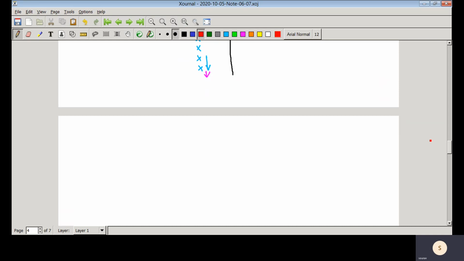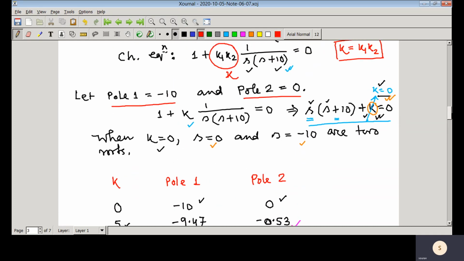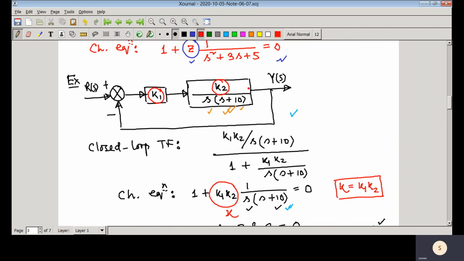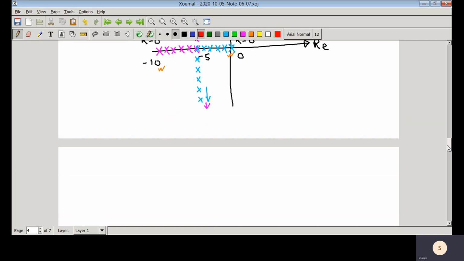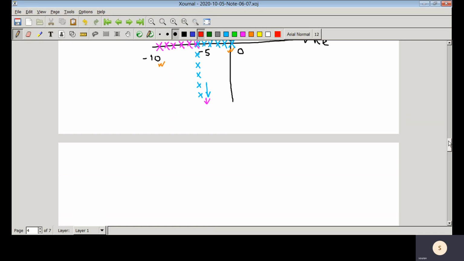That means whenever a transfer function is given, and here in this particular example the open loop transfer function or loop transfer function is k1 k2 by s into s plus 10, then we can plot the root locus. That we will be discussing in the next class, that is, how to plot the root locus. There are some rules, some techniques, that we will be discussing in detail.